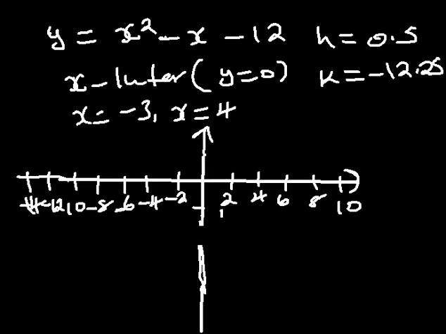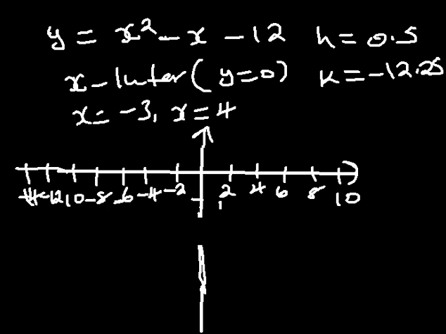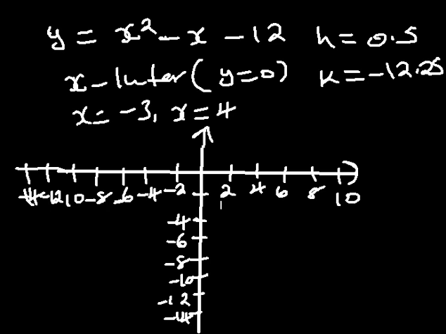Then I'll have something like this. Let's say this is negative 2, negative 4, negative 6, negative 8, negative 10, negative 12, and negative 14 that way. Then I may have 2, let's say this is 4.